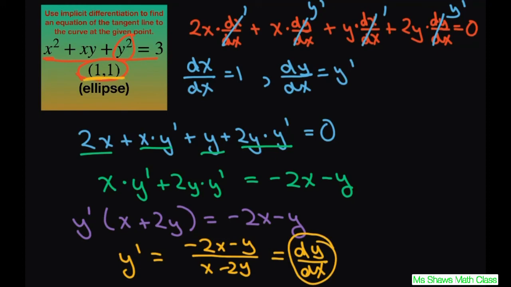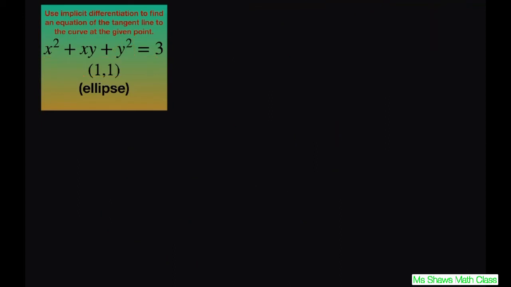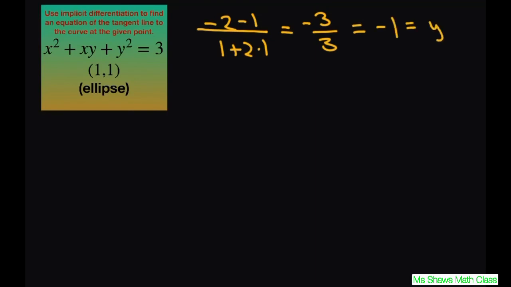When you do that, you get negative 2 minus 1, divided by 1 plus 2 times 1. That equals negative 3 divided by 3, which equals negative 1, and that equals your y prime.